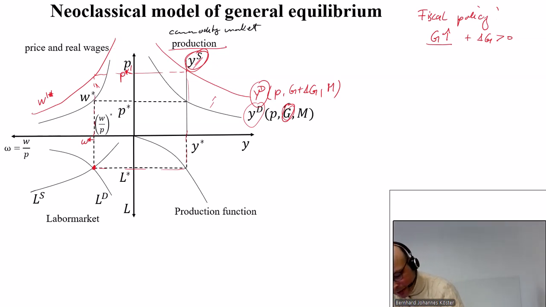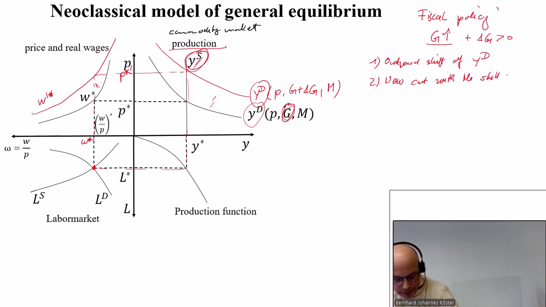So overall, this means first an outward shift of YD, new cut with the still valid YS curve.